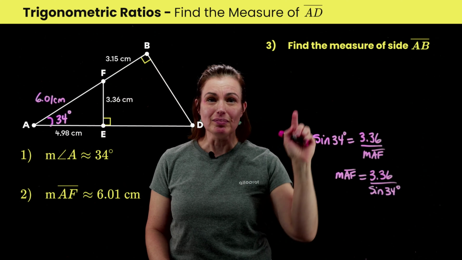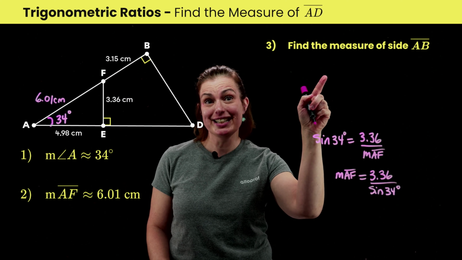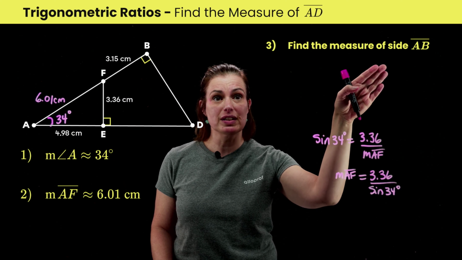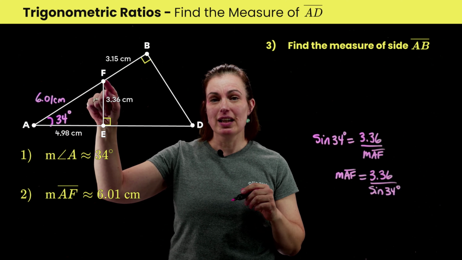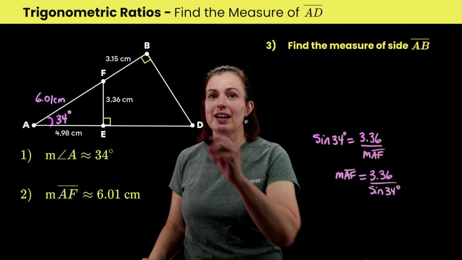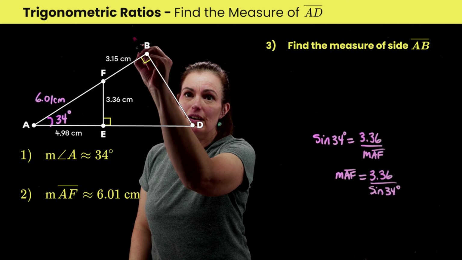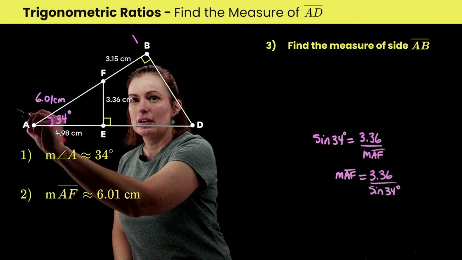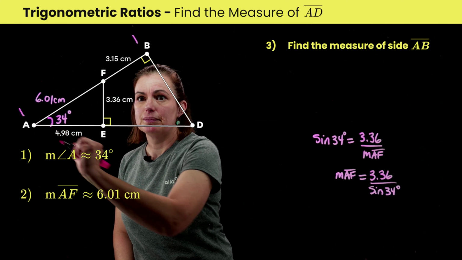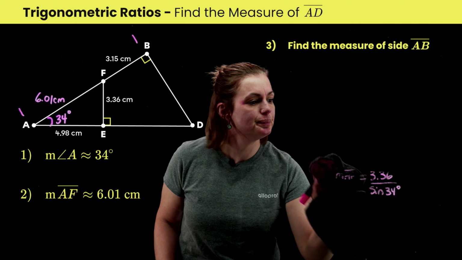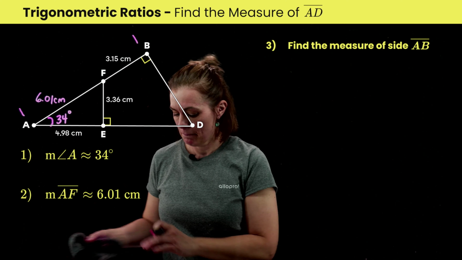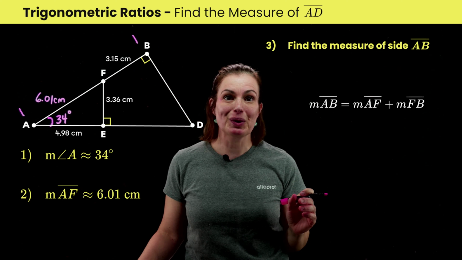Great. I now have everything that I need to know to find the measure of the side AB. So because I have AF and I was given FB, that's going to allow me to find the entire distance AB. Just erase my previous work. And that's what I'm going to go ahead and do.